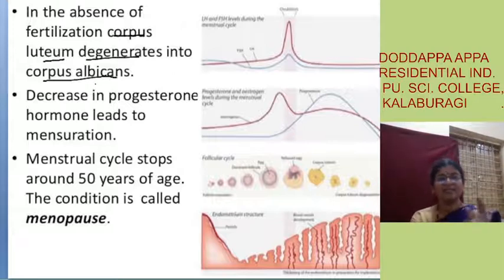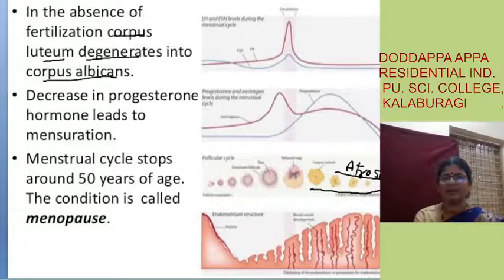This degeneration you can call atresia. Atresia is death. Just remember that atresia is the degeneration.